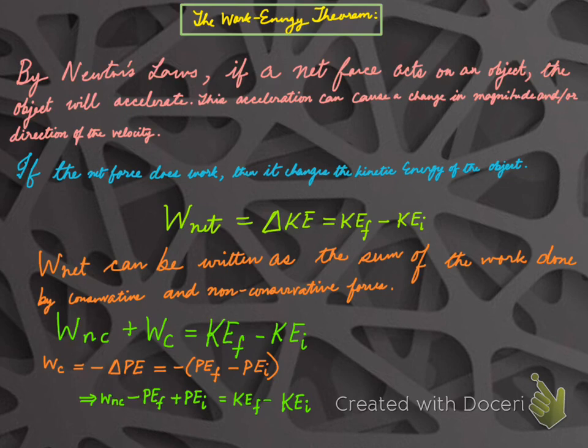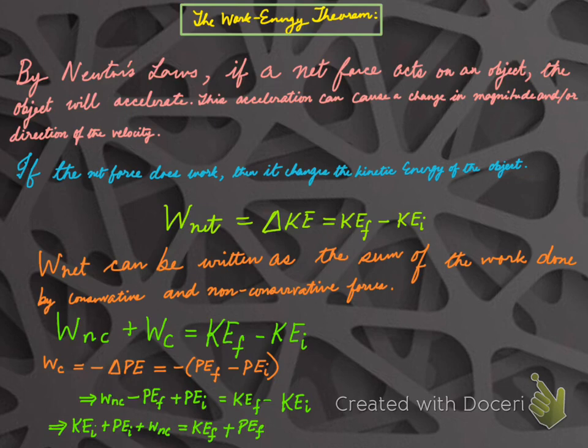Now this can be rearranged, and we can see that kinetic energy initial plus potential energy initial plus the work done by the non-conservative forces equals kinetic energy final plus potential energy final. Now the sum of kinetic energy final and potential energy final is called the mechanical energy final. And the sum of the kinetic energy initial and potential energy initial is the mechanical energy initial.